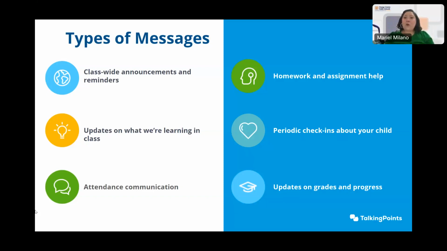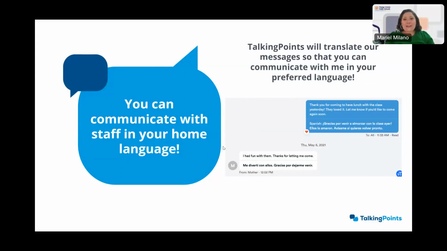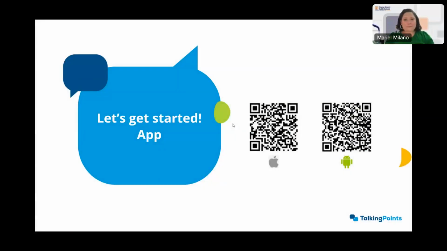You might receive homework or homework assignment help, or periodic check ins to see how your child's doing, or updates on their grades and progress. Remember, you can communicate with staff in your home language because Talking Points will translate the messages so that you can communicate in your preferred language.